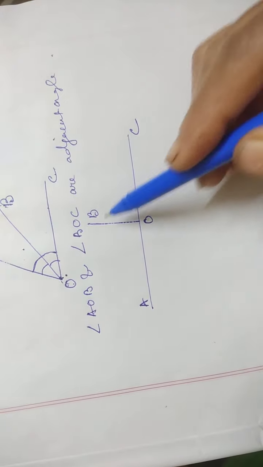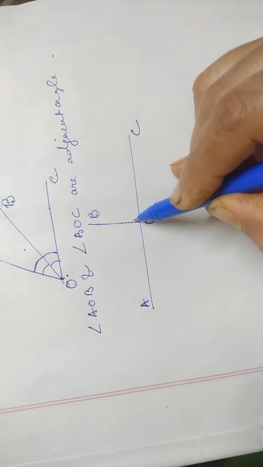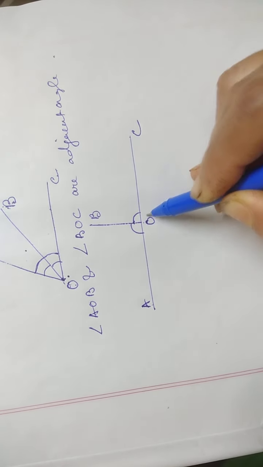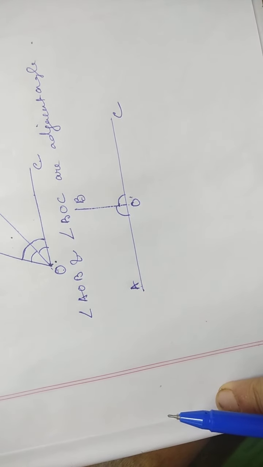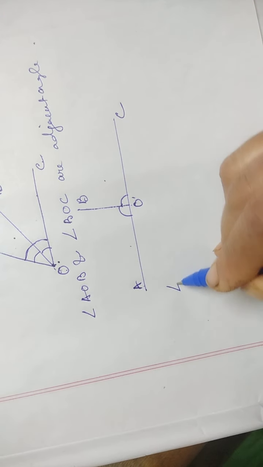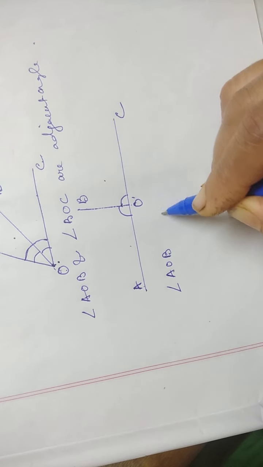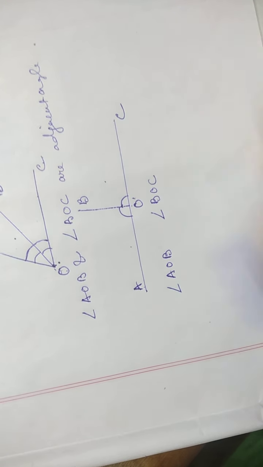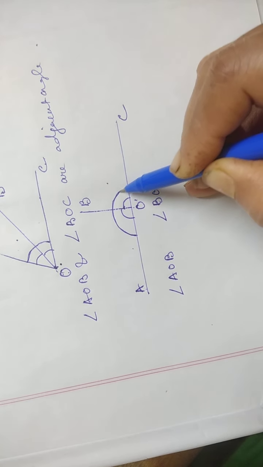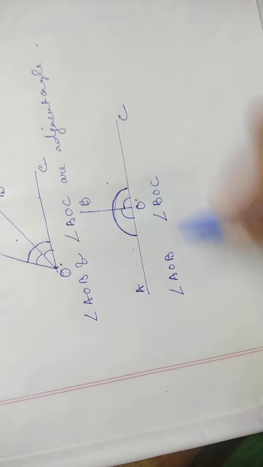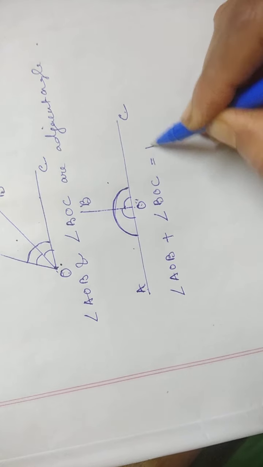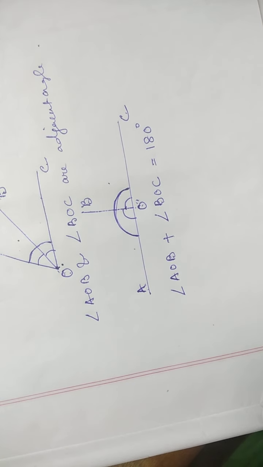Clear? Now here also you see BOC is one angle and angle AOB is another angle. Okay, these two angles are also adjacent angles. Clear? So angle AOB and angle BOC. If you add these two angles, you see this is a straight angle, is it? So if you add AOB and BOC, then you find this is 180 degrees.